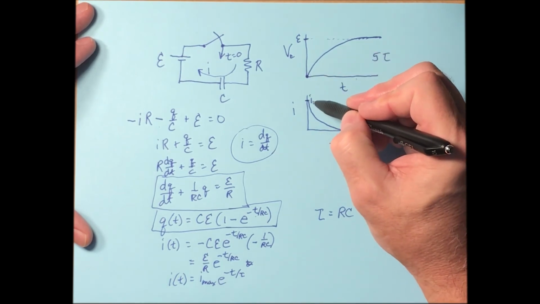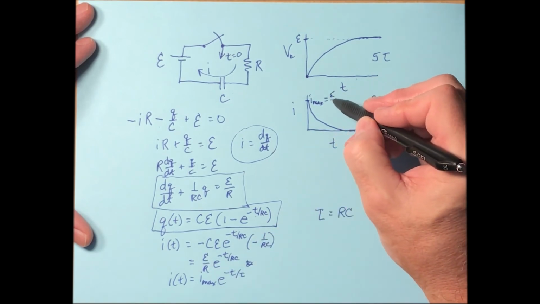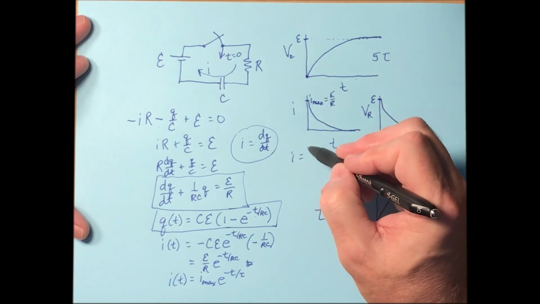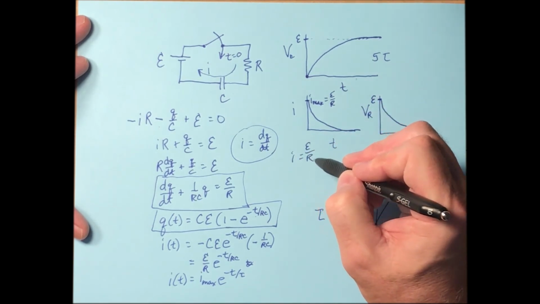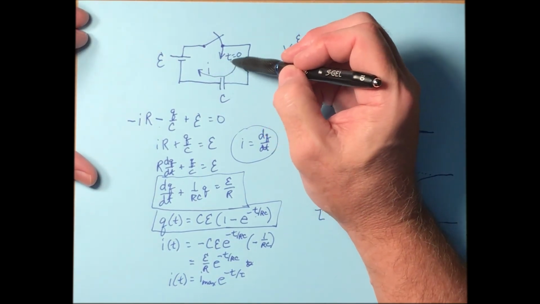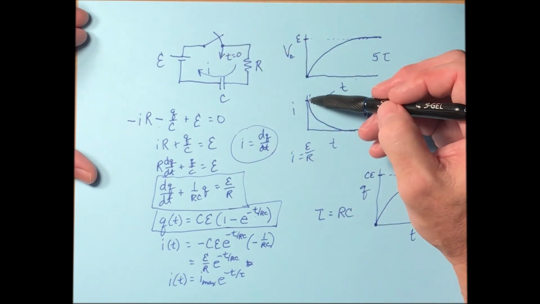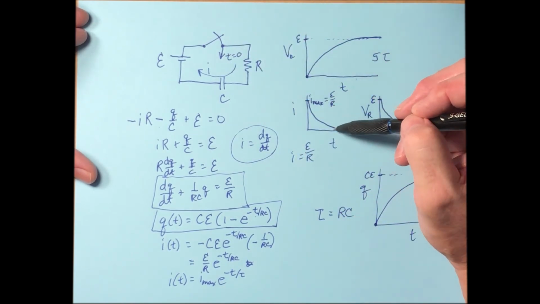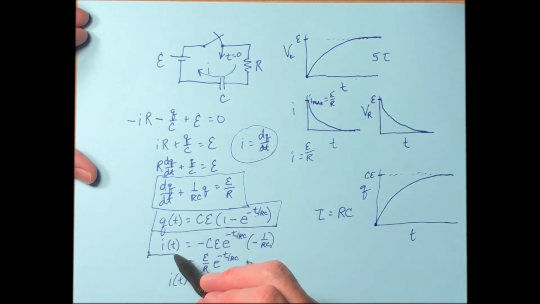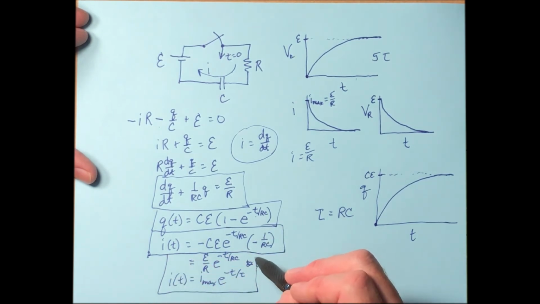This is the maximum value, and that turns out to be just E over R. That's from Ohm's law, I equals V over R, which is E over R. So that's the maximum value. It's what happens right at t equals 0, switch is closed, and instantaneously we have a maximum current, and then it slowly decays.